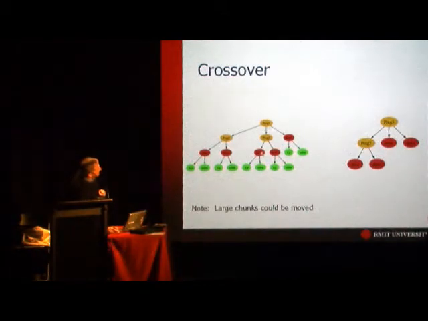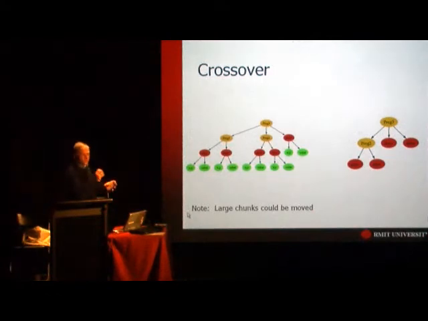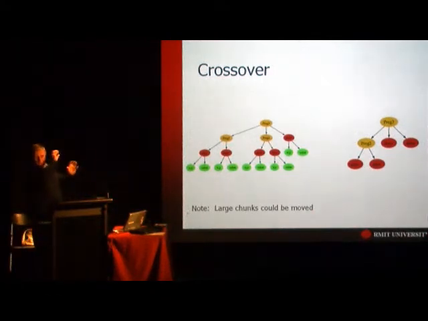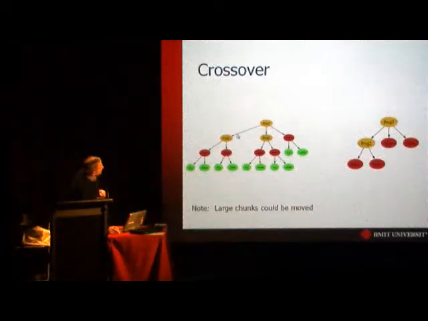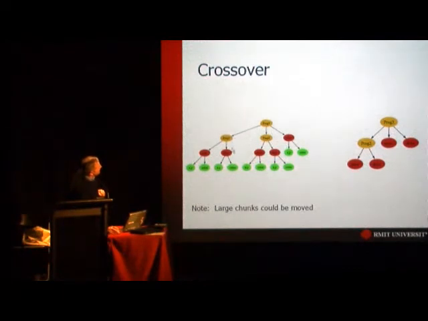The thing to keep in mind here is that because of this kind of representation, large chunks of the drawing can go from parent to child. Because if we pick this position here as a crossover point, potentially there's 100 strokes being drawn under here.